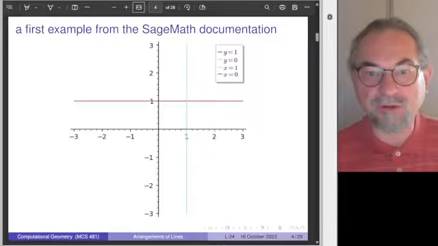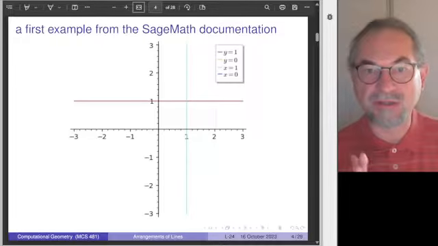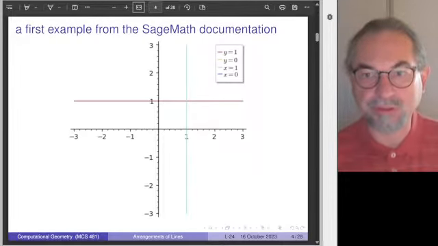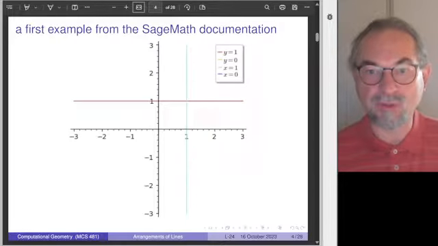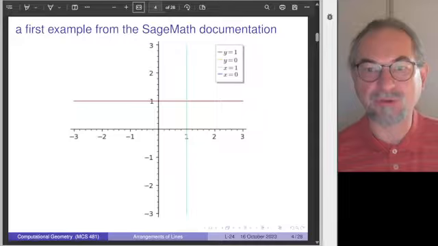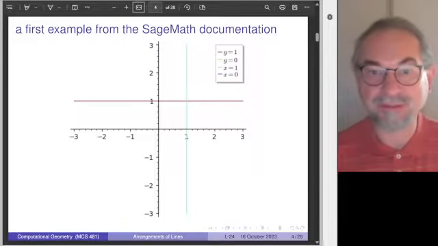There are 4 lines. 2 of the lines agree with the coordinate axes. So y equals 0 is the horizontal coordinate axis, and x equals 0 is the vertical coordinate axis.